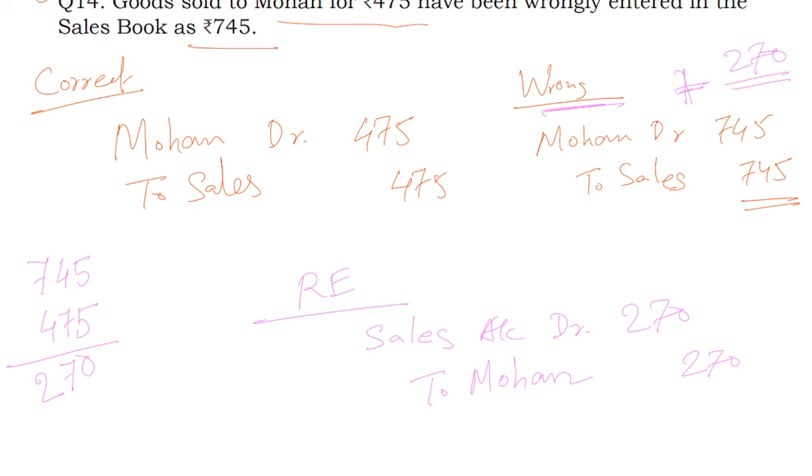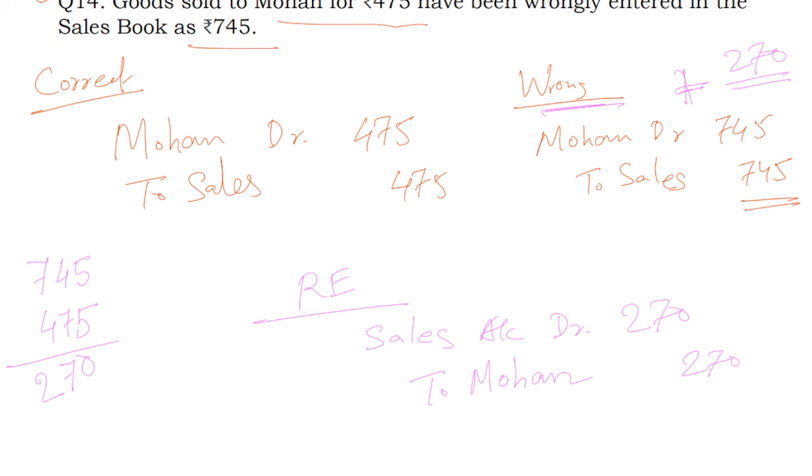Up to question number 14, is there any doubt? Elevation D is asking one question: if added deficit, what will we do?